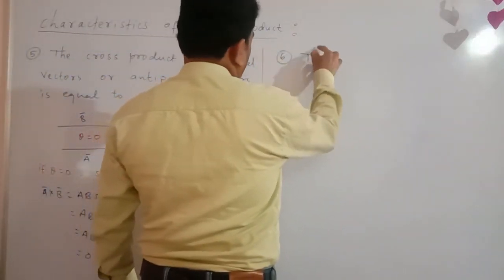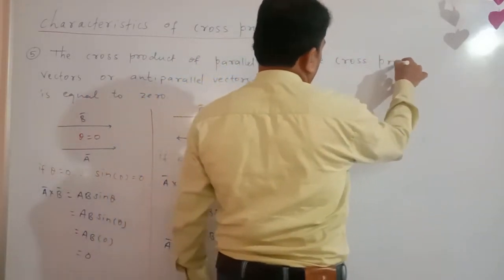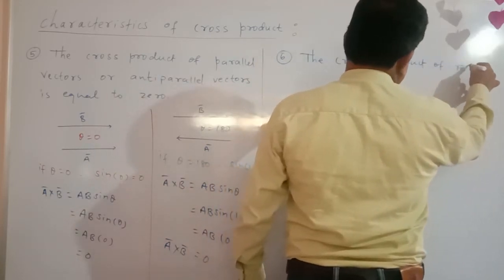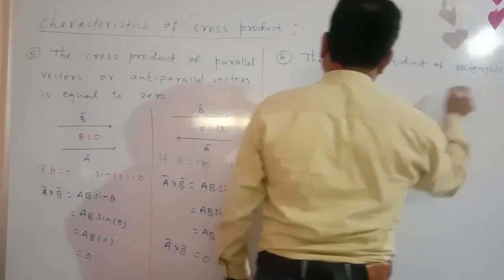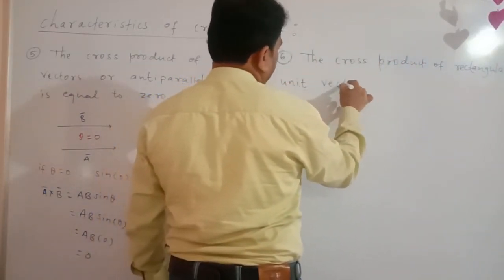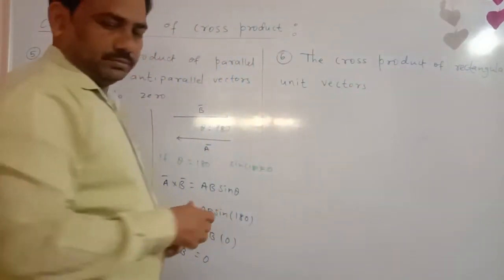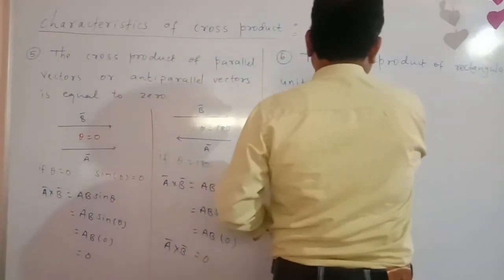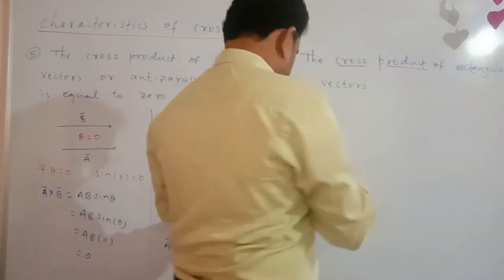The cross product of rectangular unit vectors.